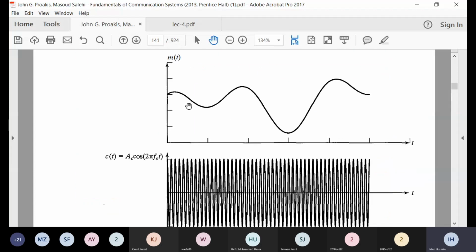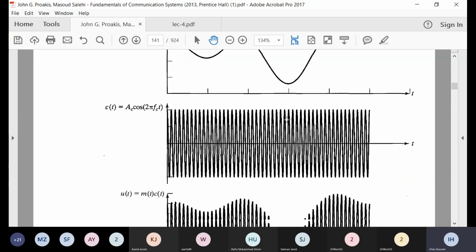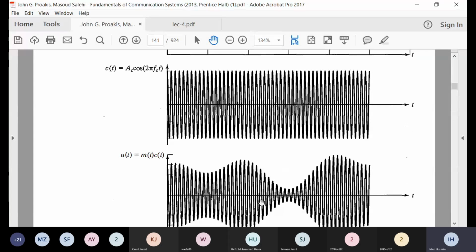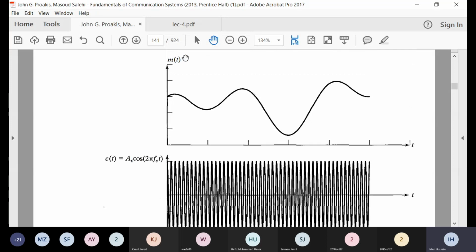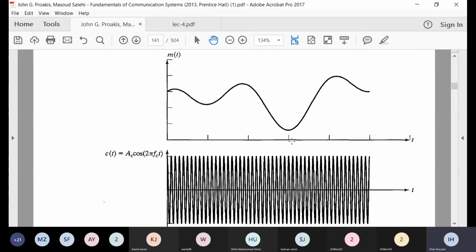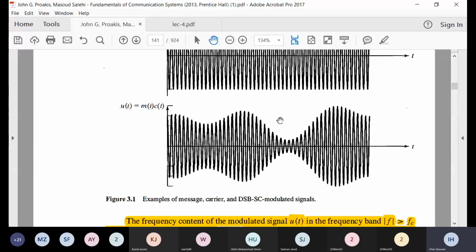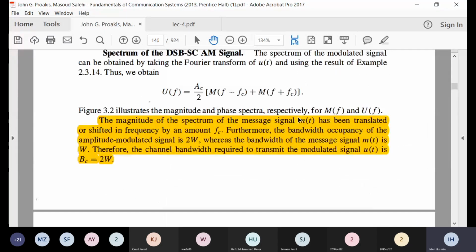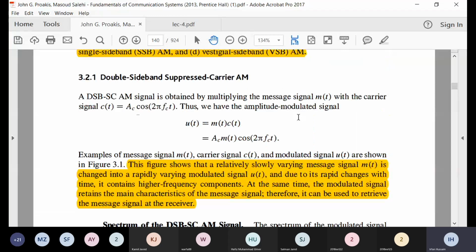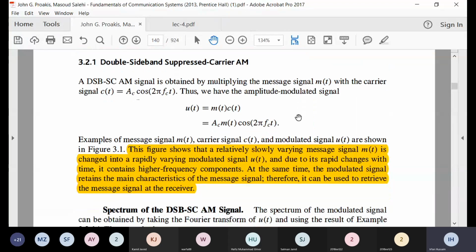If this is a message signal, it has changed the carrier according to its own values. You could see here, this was increasing, decreasing, and then decreasing. Same thing you can see here: increasing, decreasing, and then decreasing. So that is important, that the modulated signal is dependent on the message signal.